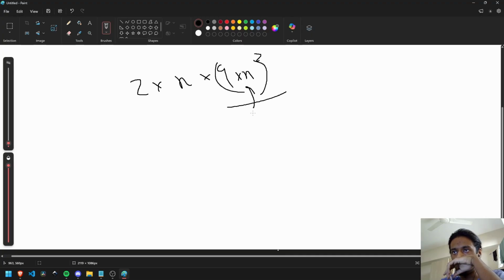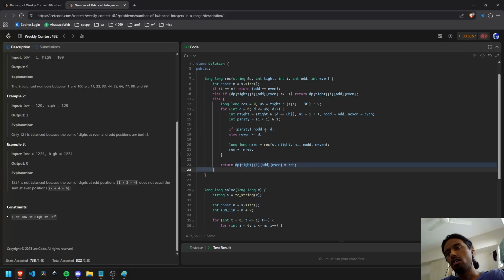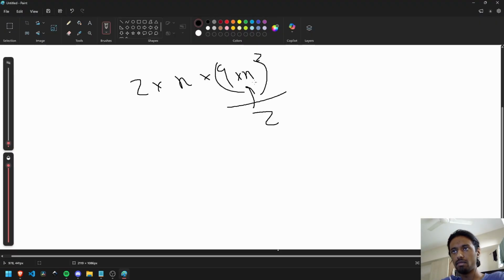This could be done by half as well, since if we have, let's say, a 5-digit number, only these indices are contributing to the odd sum.